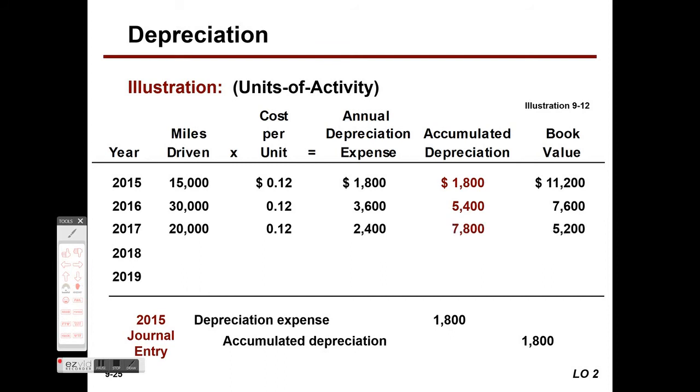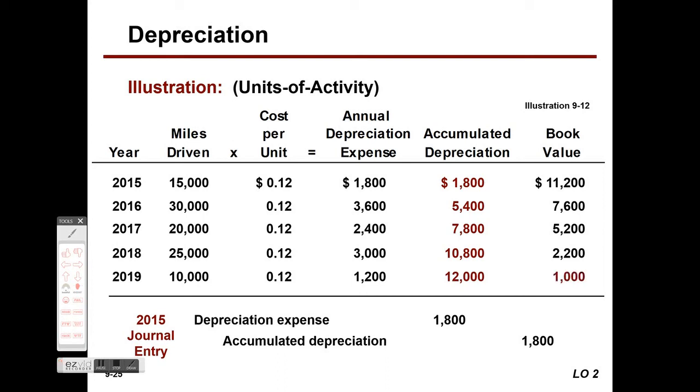All right, and then repeat the process, keeping in mind that the miles driven would have to be given information for you each period. All right, in year 2019, 10,000 miles, which adds exactly up to 100,000.